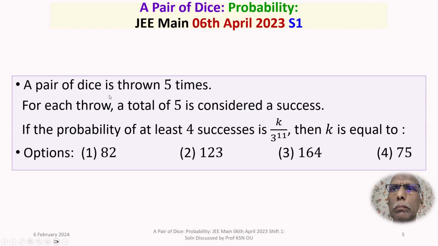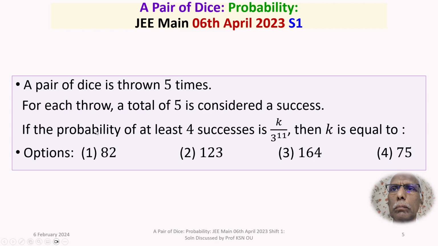So, we are given a pair of dice is thrown 5 times. For each throw, getting a total of 5, that is the sum of the outcomes on each die is 5, is considered to be a success.